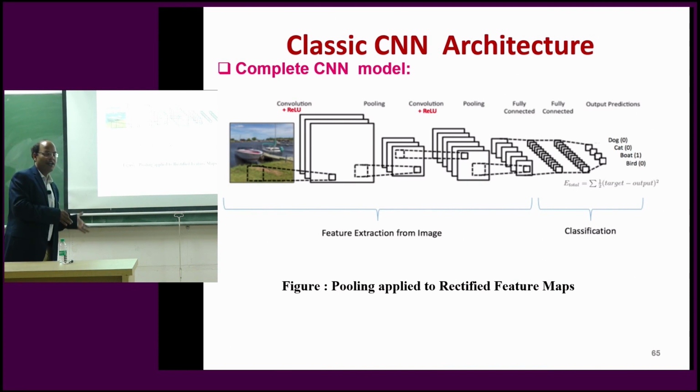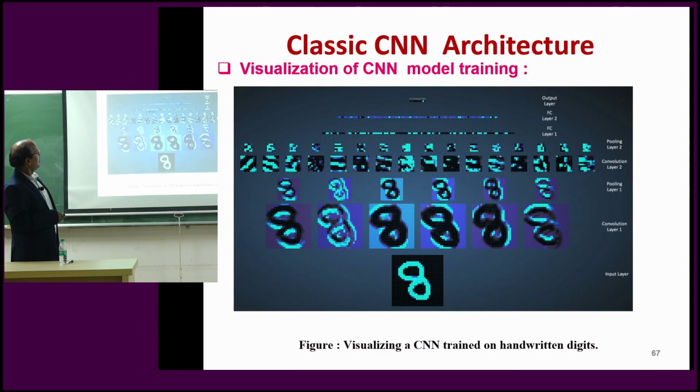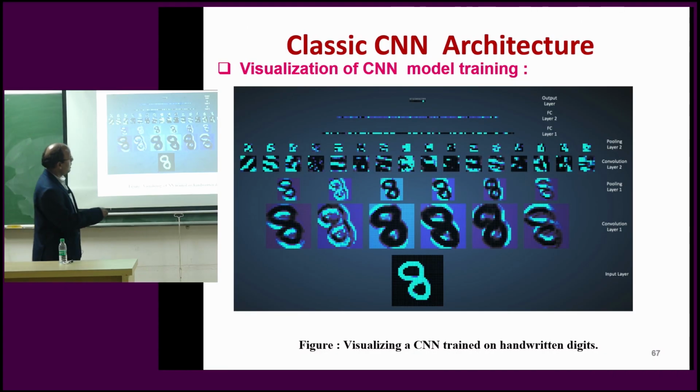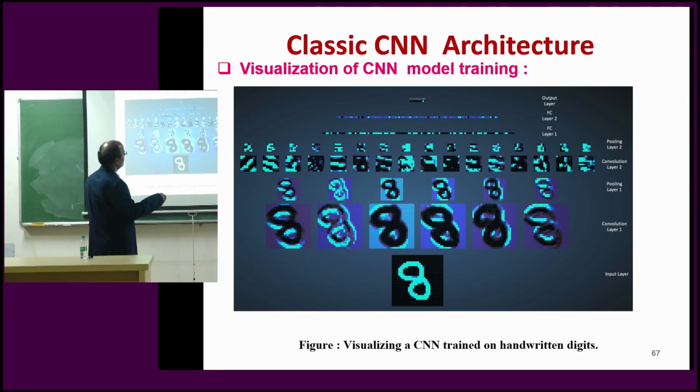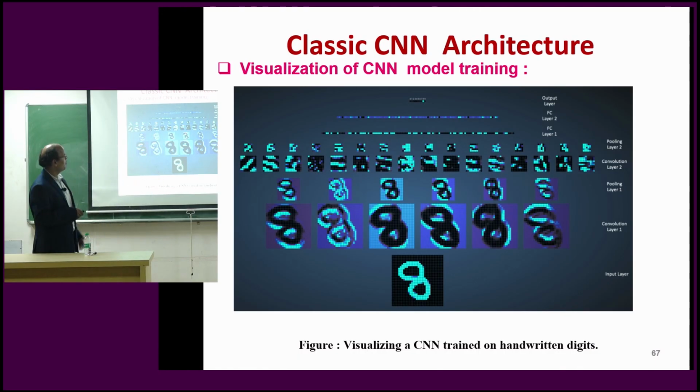By using convolution layers, pooling layers and so on for feature extraction, right? So you can see a little bit of visualization of the trained model here, how it looks layer-wise: the input layer, convolution layer 1, pooling layer output, then 2, 3 and so on. The output shows how you get the feature map.